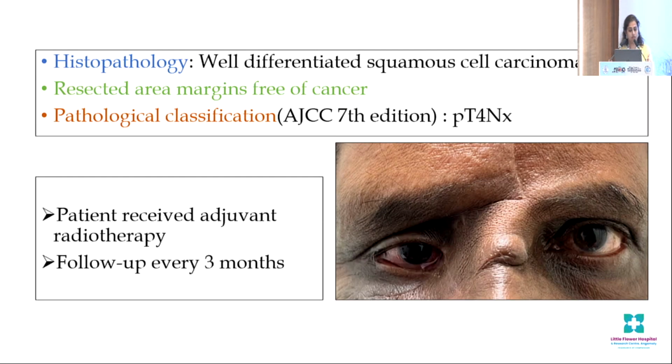The histopathology of the final lesion was well-differentiated squamous cell carcinoma. The resected margins were free of cancer, and pathological classification according to the AJCC 7th edition was T4 without any nodal metastasis. The patient is receiving adjuvant radiotherapy and is being kept under follow-up every 3 months.